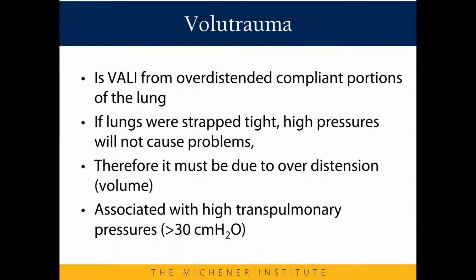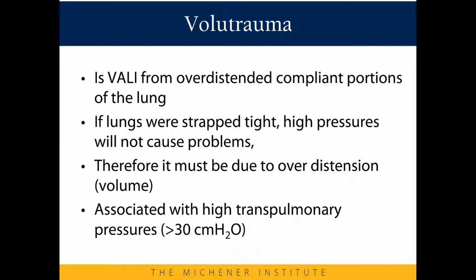So when we're looking at some of these lung injuries, and especially in ARDS, the lung isn't affected the same way throughout the entire lung field. So we have some areas where the lung is normal compliance, and we have other areas where there is poor compliance.